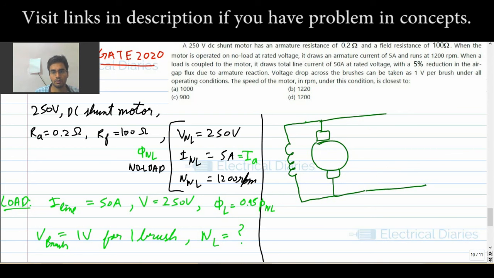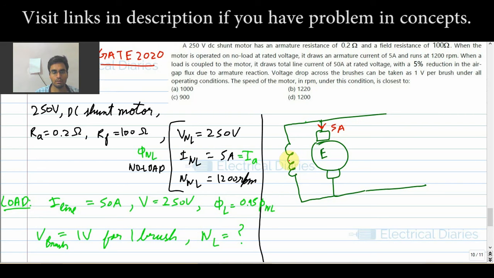Now let me say this is a back EMF E. So what he is saying, at no load, the armature current is given to us. You remember it's given armature current, that is this current, it's a motor so it will absorb a current, given to us as 5 amps.